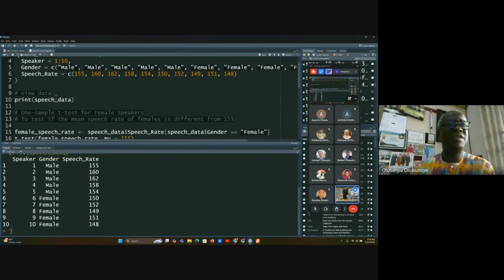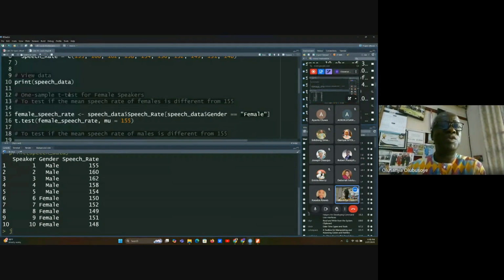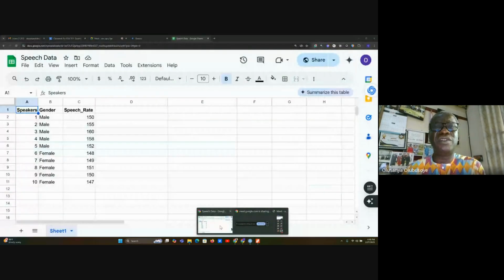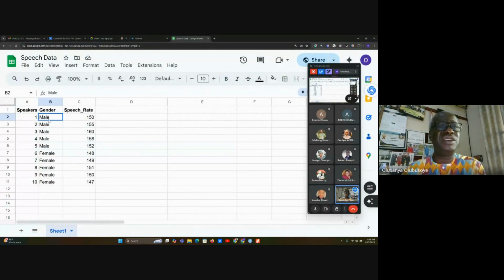Having stored the data appropriately, we want to conduct a one sample test. As I told you, for a one sample test, we can only deal with one group at a time, so we are testing hypotheses only about a single group.